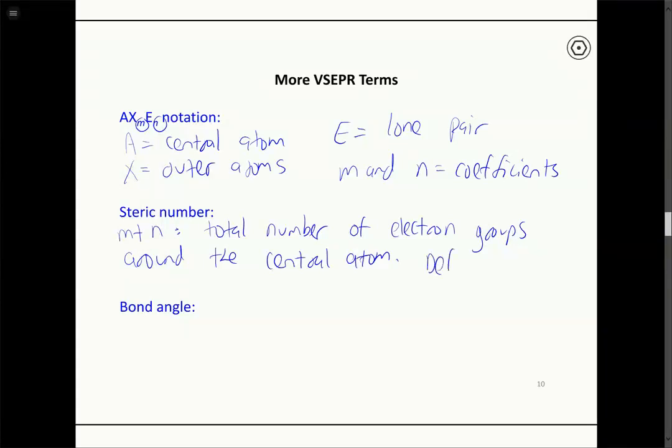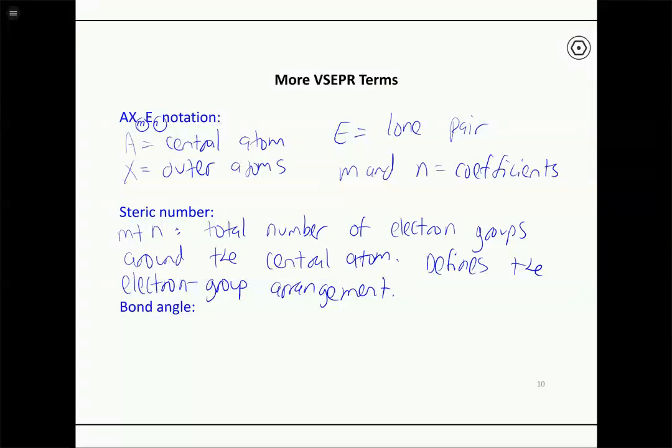And it's this parameter here that defines the electron group arrangement. So if you know the total number of electron groups, the number of bonded outer atoms, and the number of lone pairs, that's going to define the electron group arrangement.